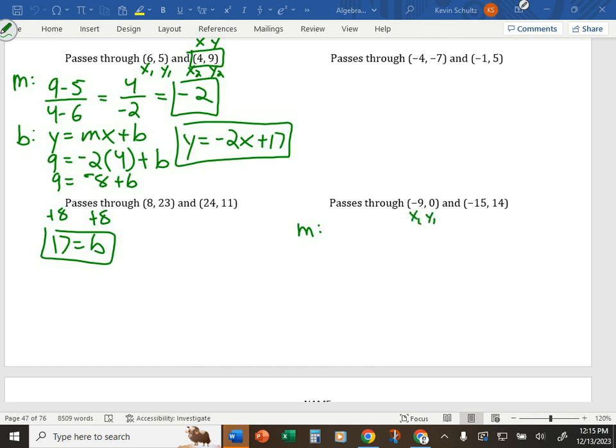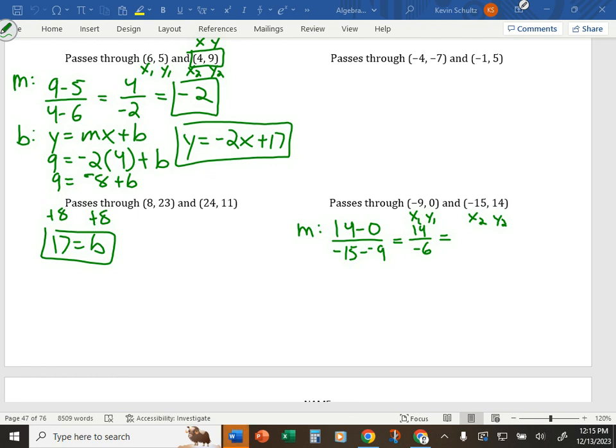X1, Y1, X2, Y2, 14 minus 0 over negative 15 minus negative 9. 14 minus 0 is 14. Negative 15 plus 9 is negative 6.